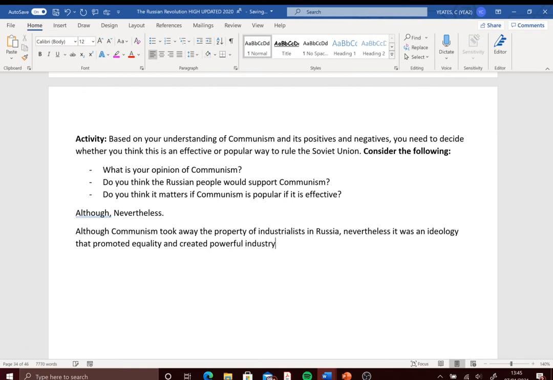Now that is just my opening sentence here. And again, you might disagree with that. So my although here, I'm saying, yeah, okay, I understand why it's negative. However, despite those negatives, it still did all of these positive things.